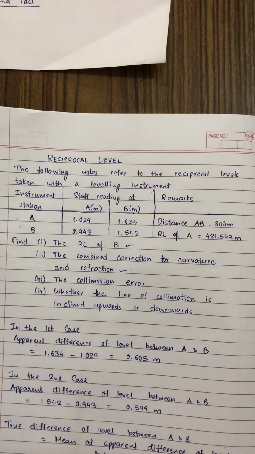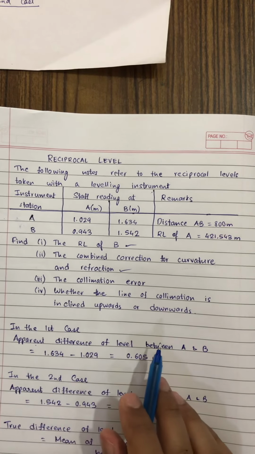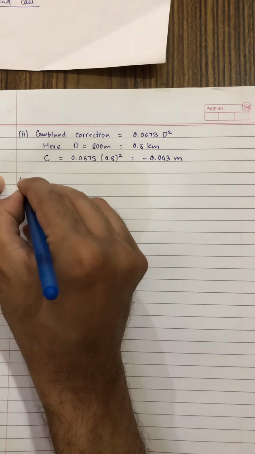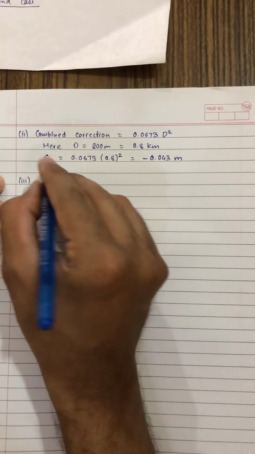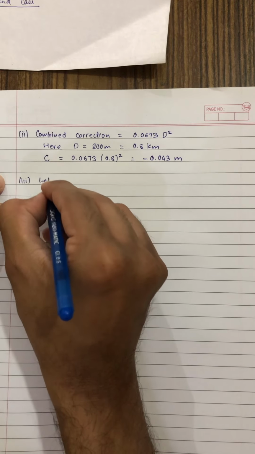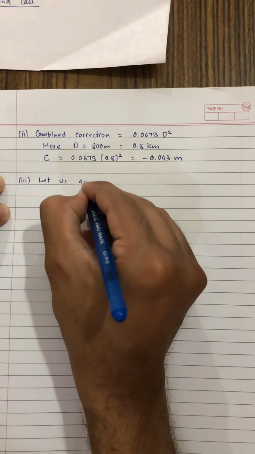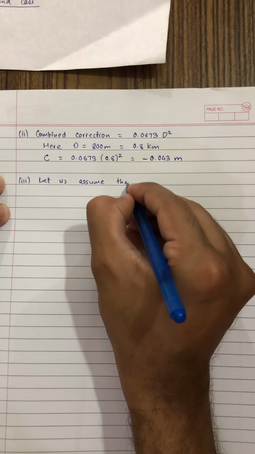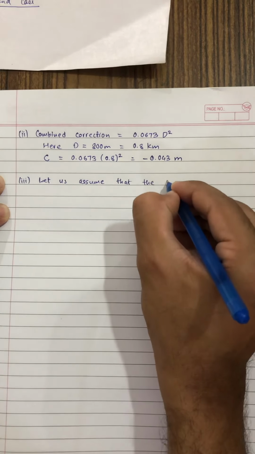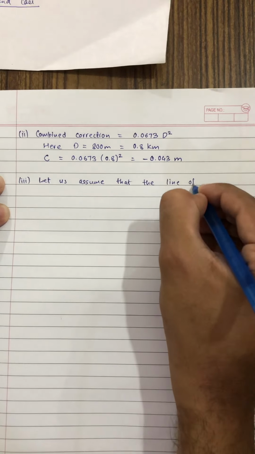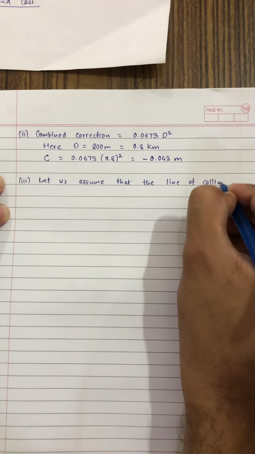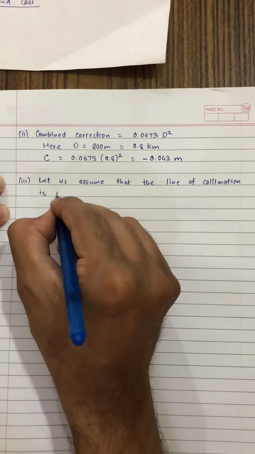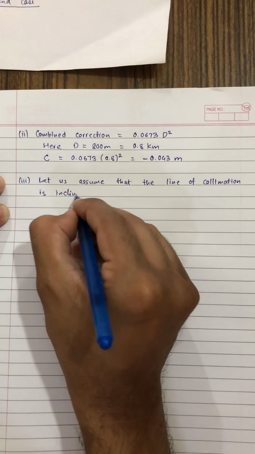Now next, you have to find the collimation error. In order to find the collimation error, let us assume that the line of collimation is inclined upwards.